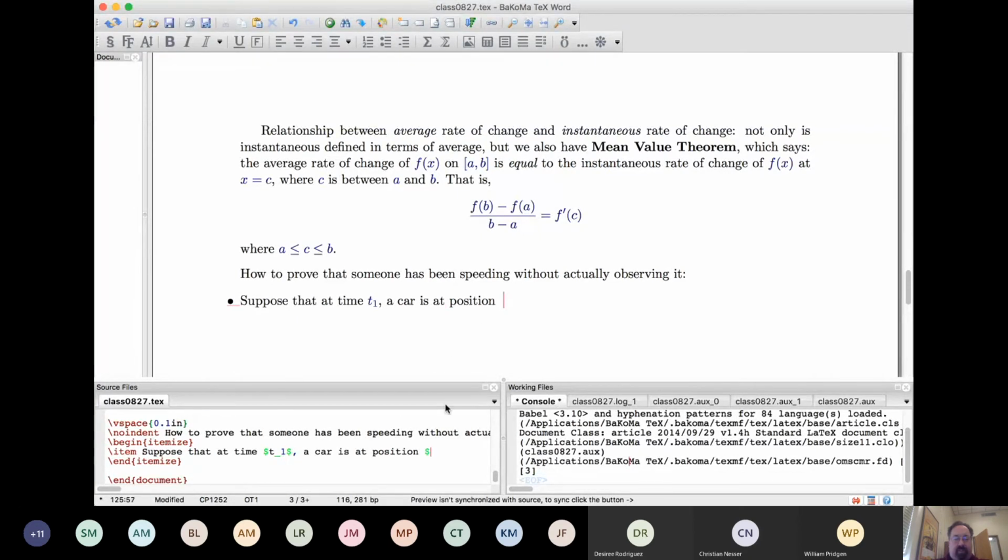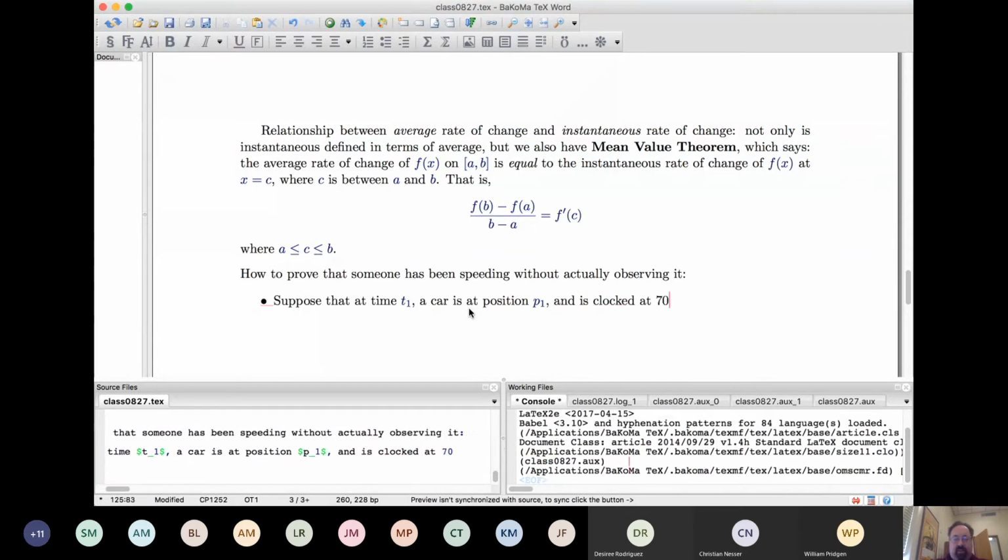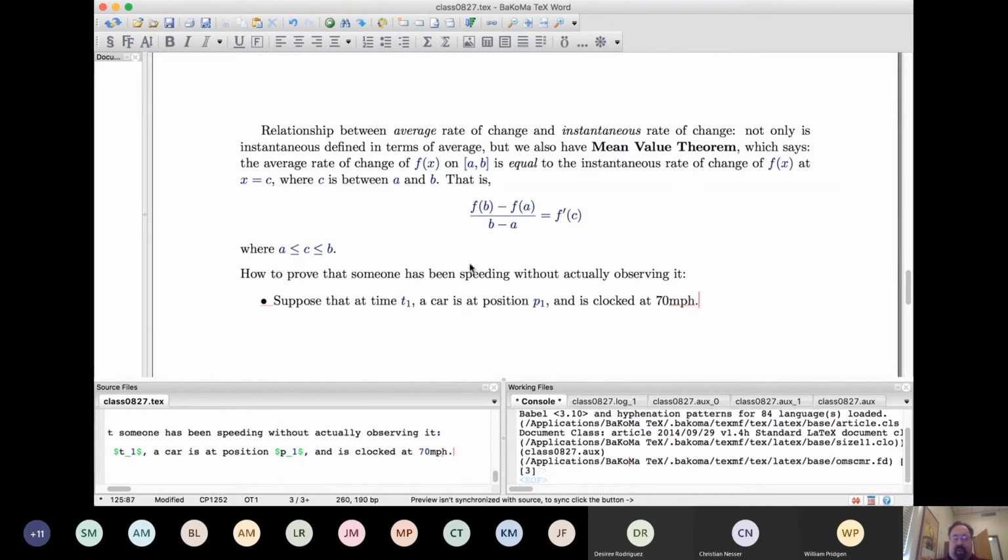And let's just make this concrete and say that they're driving on I-59. So let's determine that their speed at that point, at that time, is 70 miles an hour.